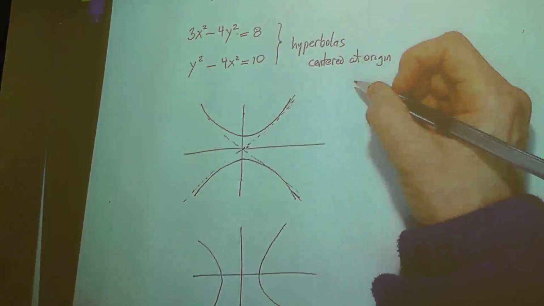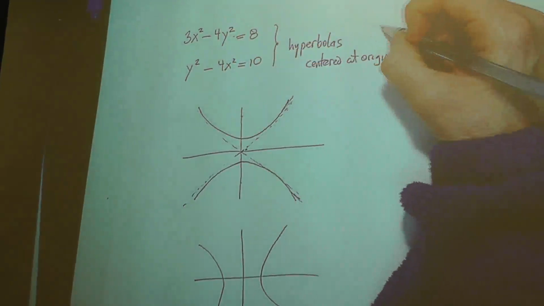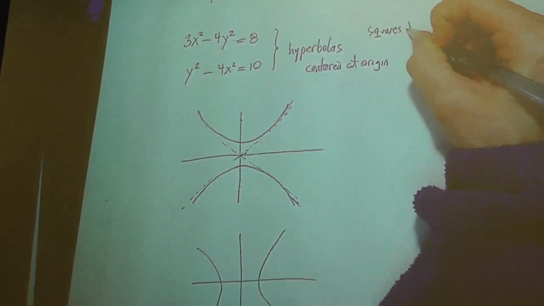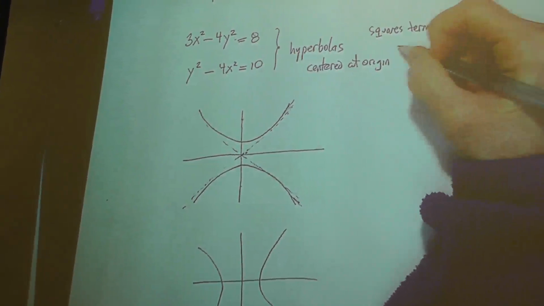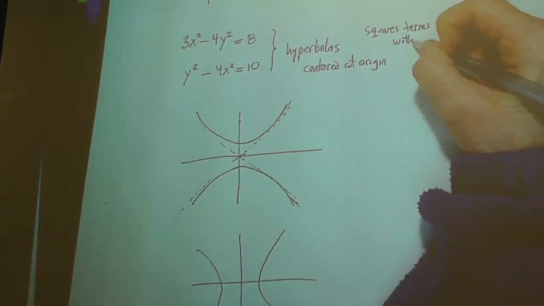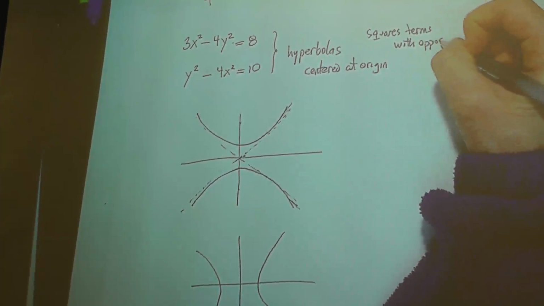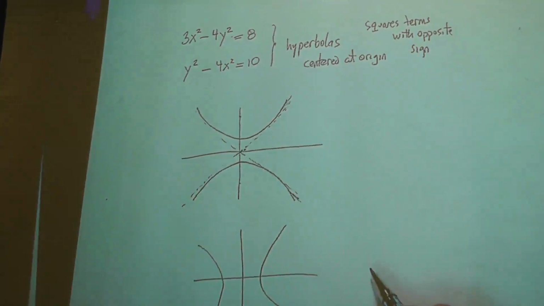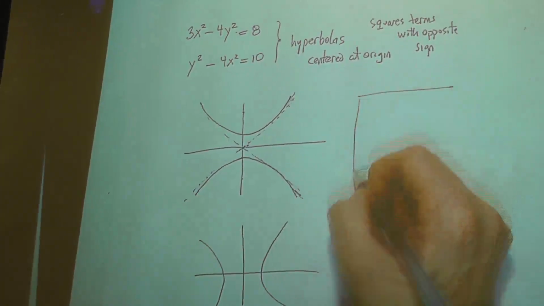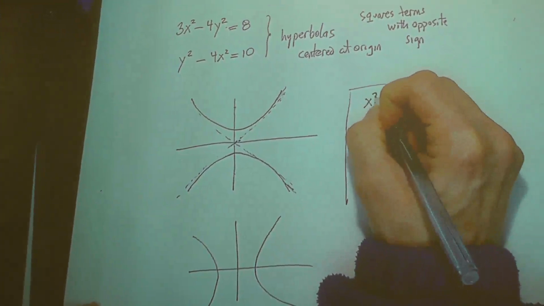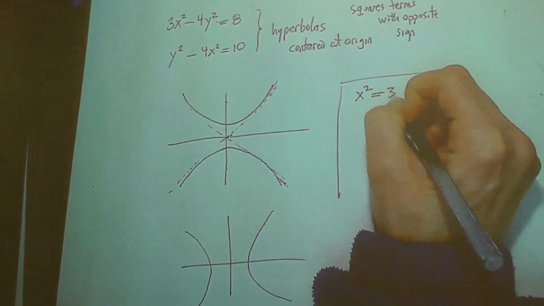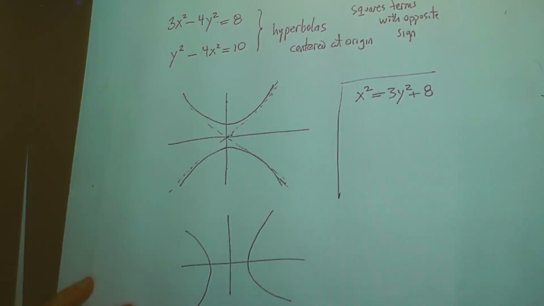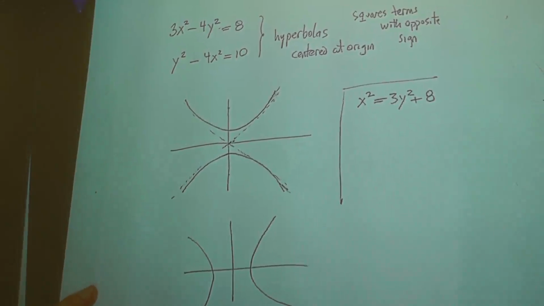Now be careful, because I've got my square terms opposite sign. But be careful, because if it's written like this, it's going to appear as if the signs are both plus.